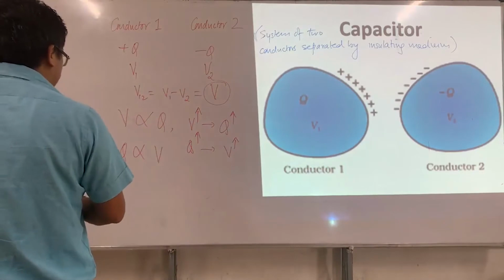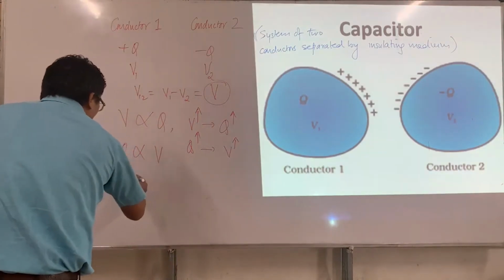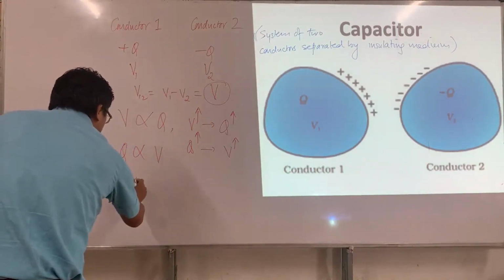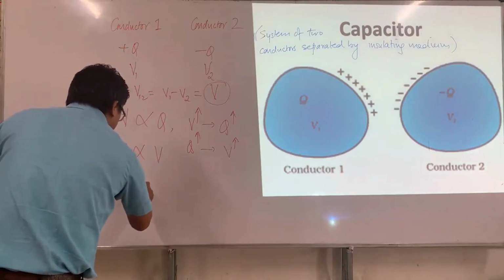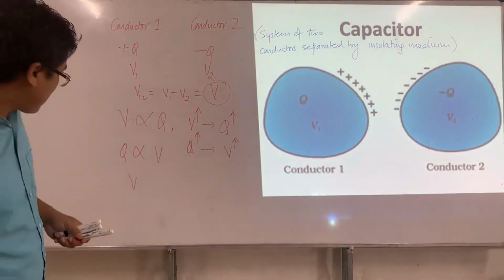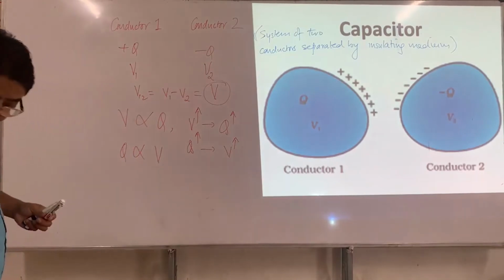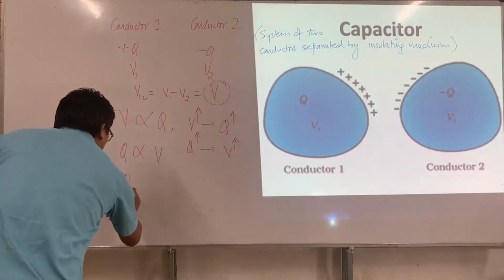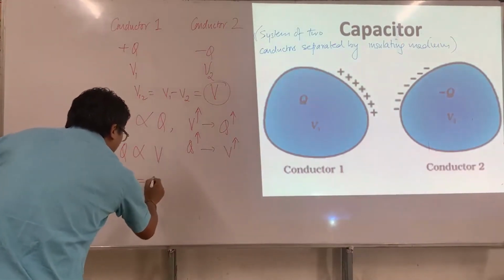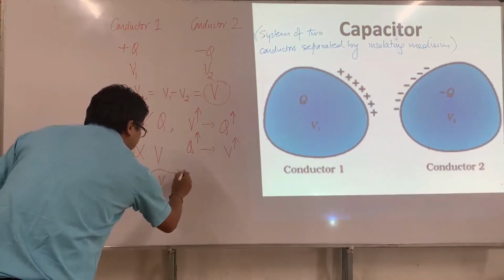So therefore I say that V, alright, I remove this proportional sign and I put some constant. I call it the proportionality constant.